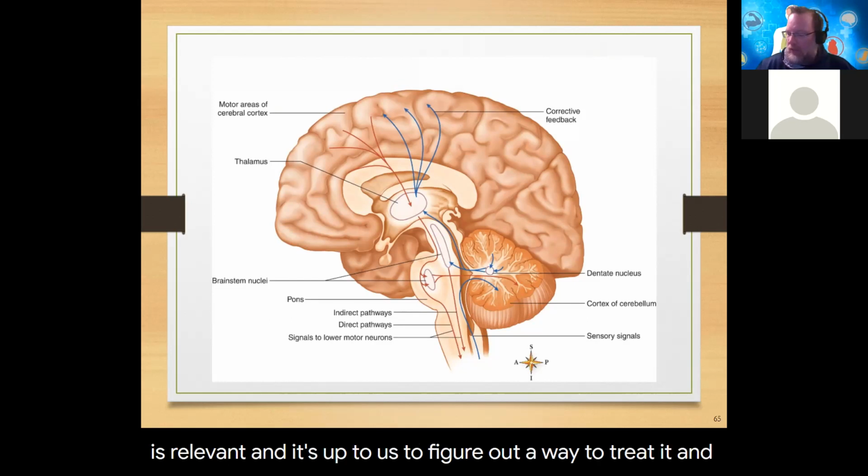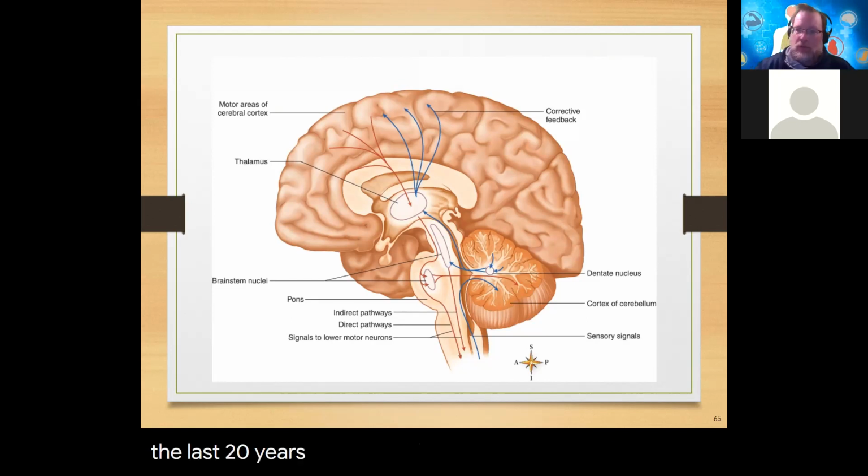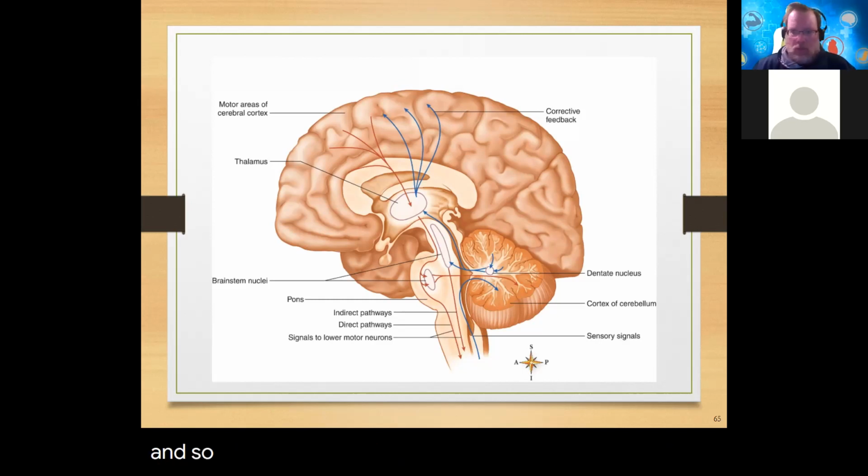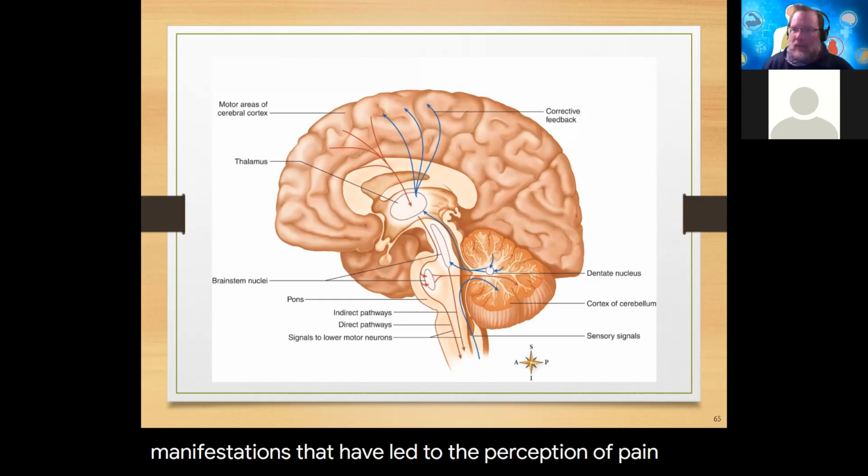And in the last 20 years or so, or even more, treatment for pain has come in the form of a lot of heavy opiates and opioids, a lot of narcotic-level pain medication. And so it's led to a lot of issues. It's not treating the physical manifestations that have led to the perception of pain.